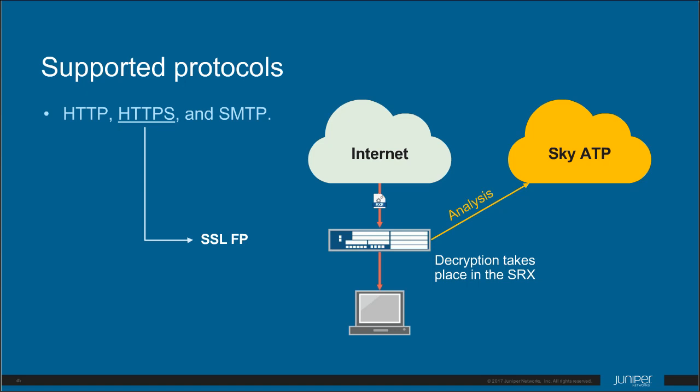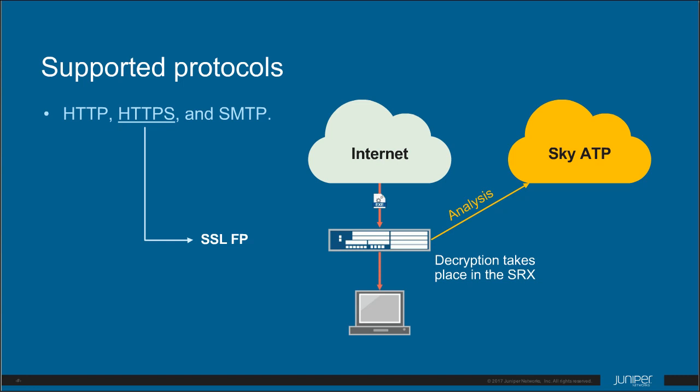So, the supported protocols in SkyTP: when we download a file, which are the protocols that can cooperate with SkyTP in order for these files to be analyzed? It's basically when we're downloading a file through HTTPS, the HTTP secure way, and then SMTP for email attachments. When using HTTPS, since we are using the SSL protocol, there is encryption on the file.